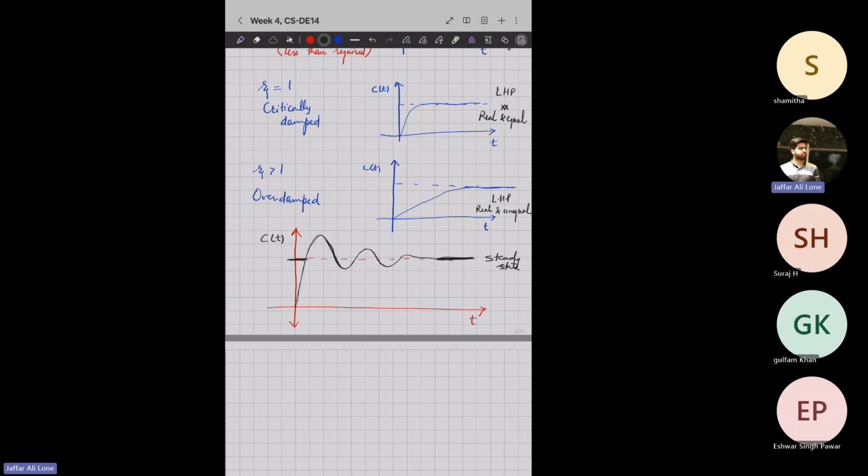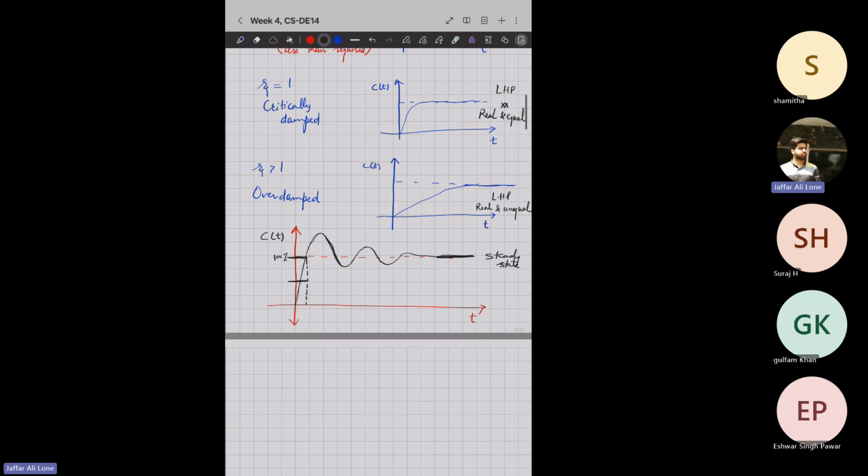So when this system reaches 100% of this steady state value, when it first touches this 100% in case of an underdamped system, that time, because this x-axis is time, is called rise time.